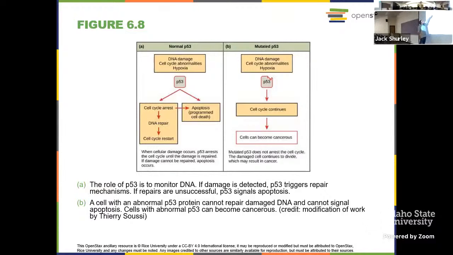So the P53 protein recognizes the damage in the DNA, it recognizes specific abnormalities in the cell cycle, along with hypoxia, so low levels of oxygen, and that can cause other issues as we think about metabolic processes, setting the stage for problems inside of the cell. So it can slow the cell cycle, halting it, giving it time to potentially deal with some of these issues.